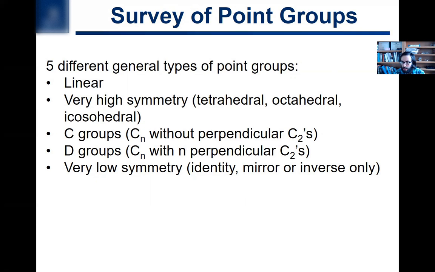It turns out in 3-dimensional space, if you ever have one perpendicular C2, you're always going to have n perpendicular C2s. So if you're in a D group where the principal rotation axis is C4, you will have 4 perpendicular C2s. If the principal axis is C5, you will have 5 perpendicular C2s. We'll see examples of this in a bit.